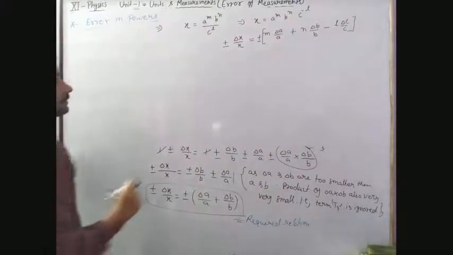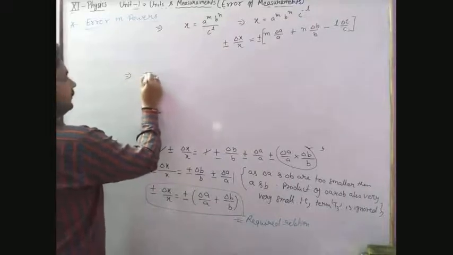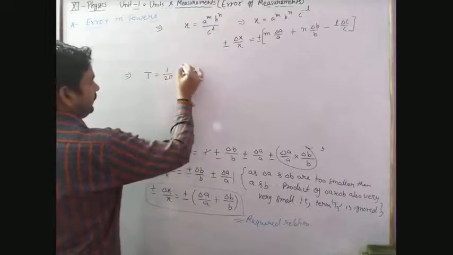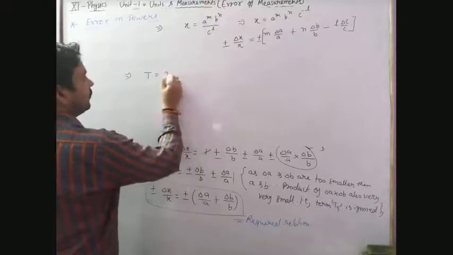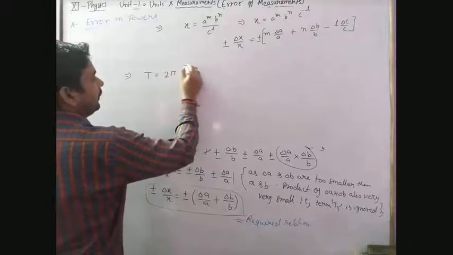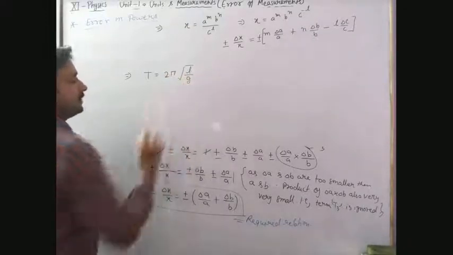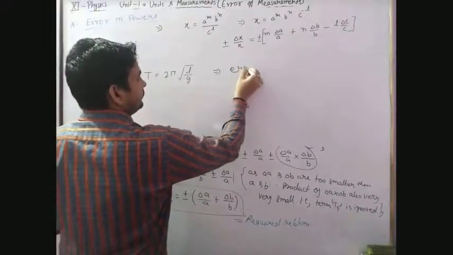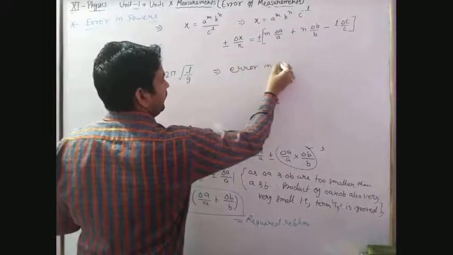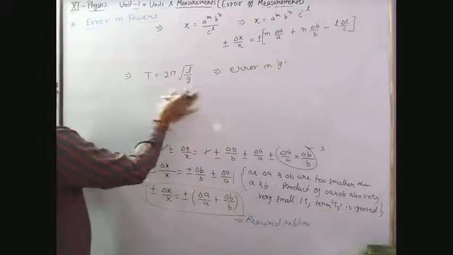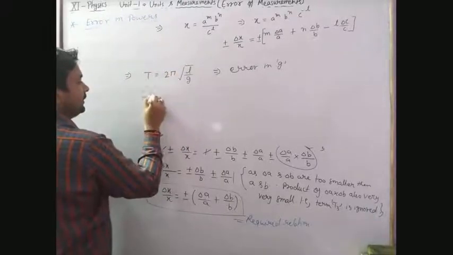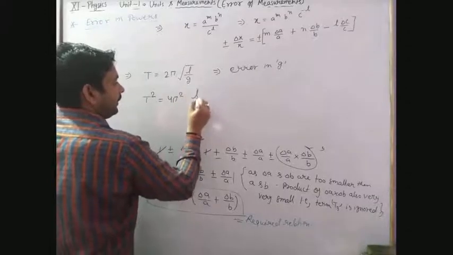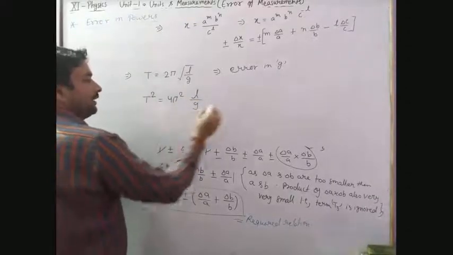With multiple operations, suppose you have a relation: time T = 2π under root L/g, and here you need to calculate the error in small g. So first you need to square both sides, that means T² = 4π² L/g. Now calculate the relation in terms of g.